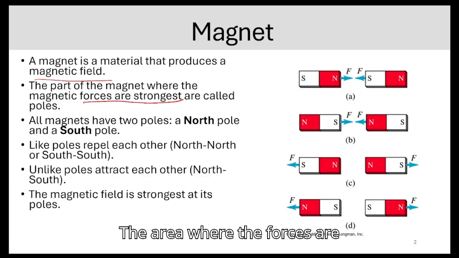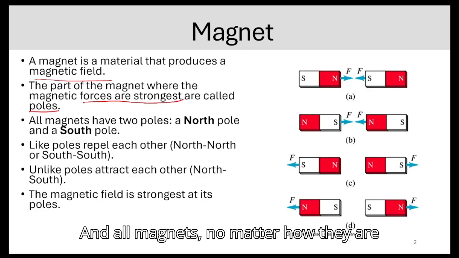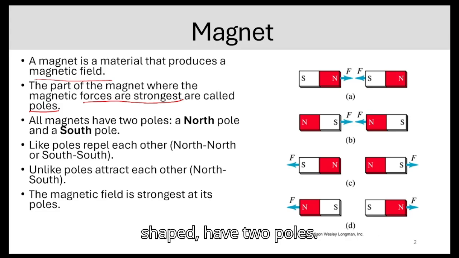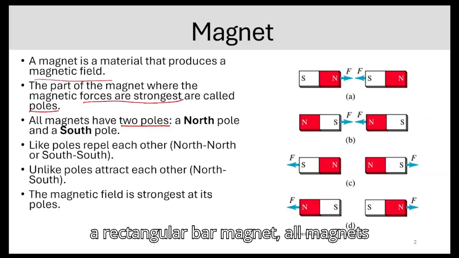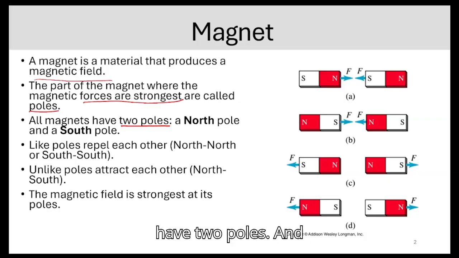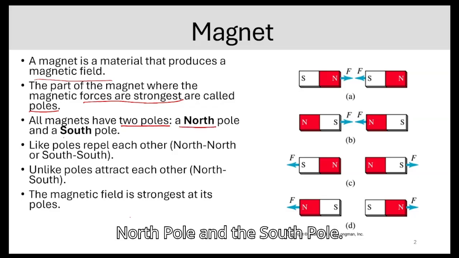The areas where the forces are strongest are called poles, and all magnets, no matter how they are shaped, have two poles. Whether it's a circular magnet or a rectangular bar magnet, all magnets have two poles, namely the north pole and the south pole.